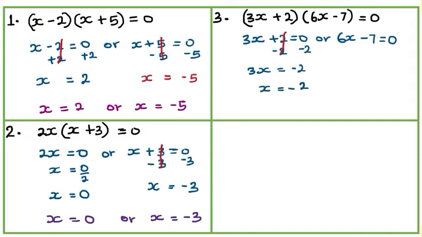This side, let's add 7 to both sides, such that we will get a 0 here, and we get 6x is equal to 7, and x will be 7 out of 6, which is the same as 1 and 1 out of 6.